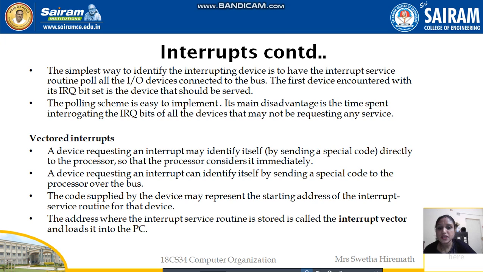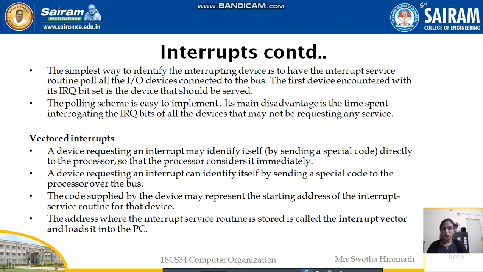A device requesting an interrupt can identify itself by sending a special code to the processor over the bus. That is, the bus is used to make the communication between the processor and the device which wants to request the processor to provide service. The code supplied by the device may represent the starting address of the interrupt service routine for that device.